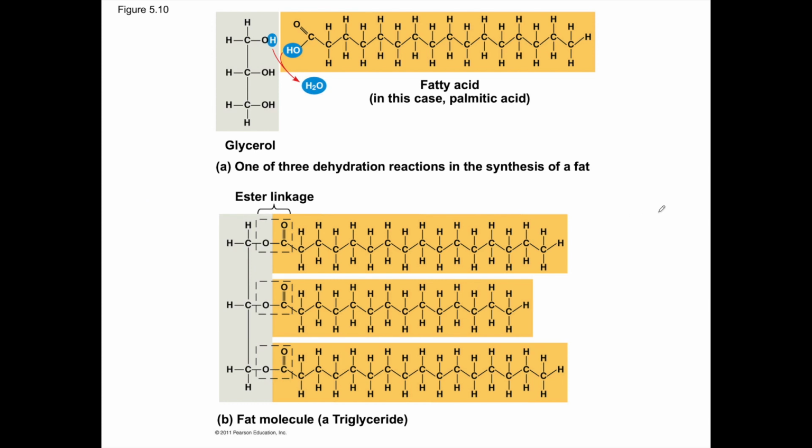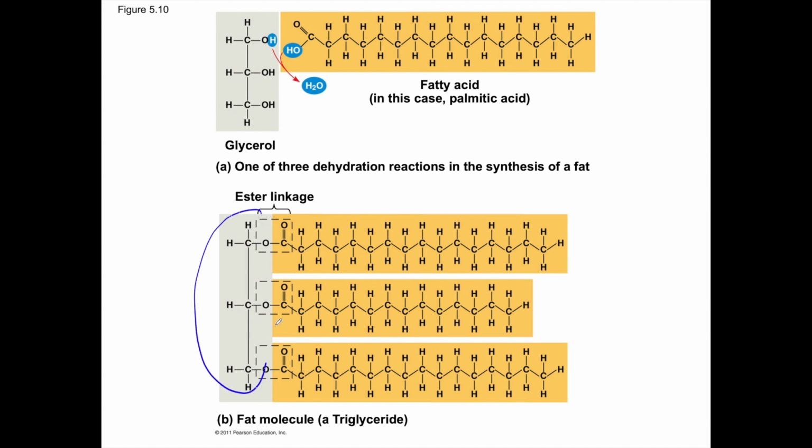Now let me jump back for a second to the structure of the fat molecule, or triglyceride, which is one type of lipid. Remember, fat or triglyceride is made out of glycerol and three fatty acid tails. The reason I'm pointing this out is because the next type of lipid we're going to talk about is called a phospholipid, and its structure is kind of similar.